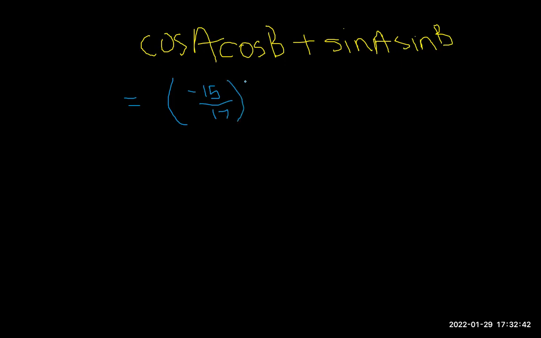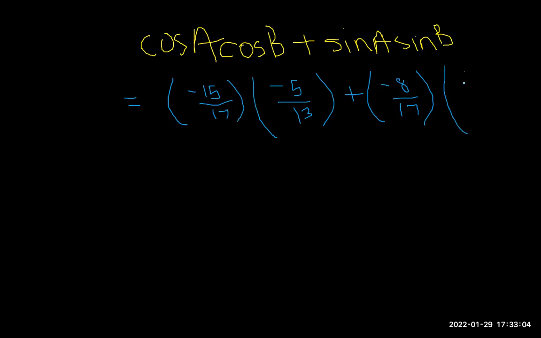We were given the value of cos B, which was minus 5 on 13. Plus, we were given the value of sine A, minus 8 on 17. And we found out the value of sine B, and we got 12 on 13, positive.